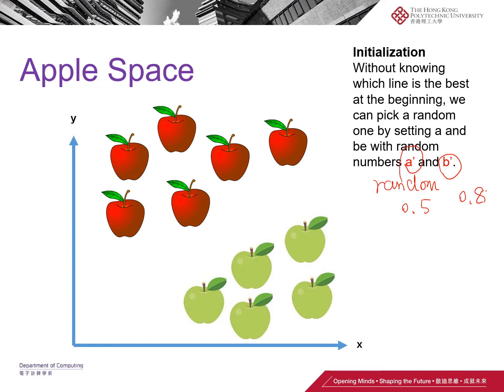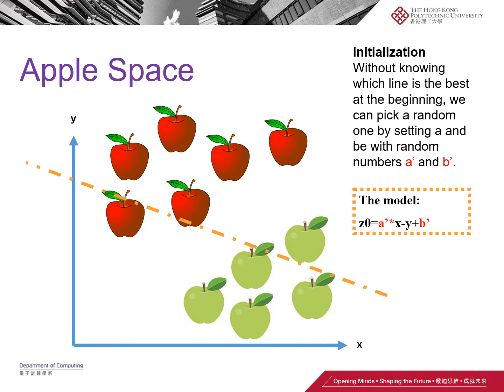It's probably something like this. Anyway, let's say we already have the randomly guessed A prime and B prime, so we can substitute A prime and B prime into the equation we had previously, like this, which defines a line like this.